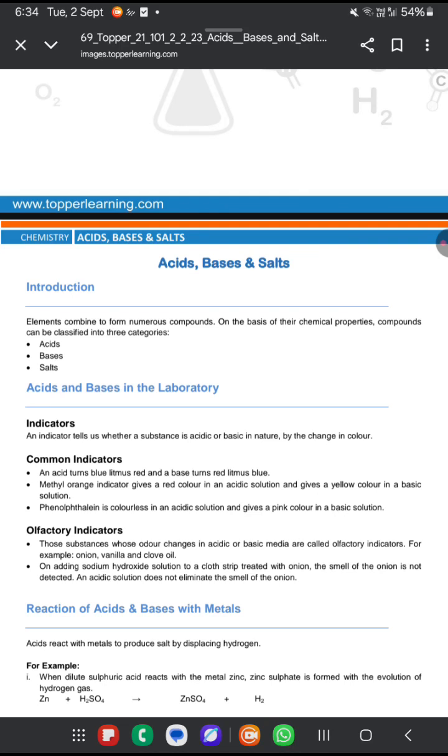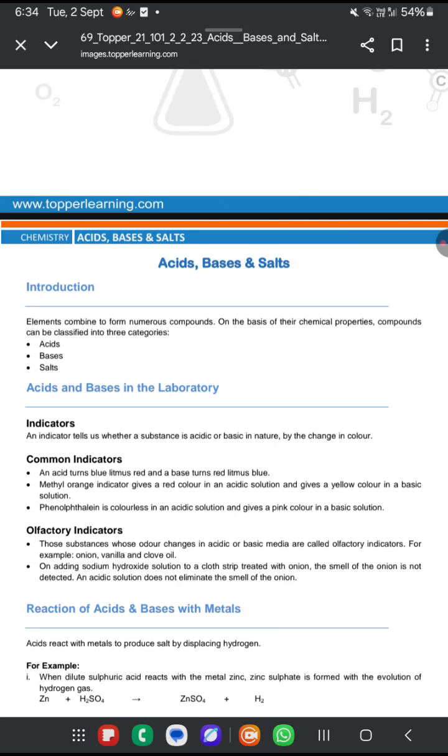It tells about the nature of the compound, whether it is acidic or basic. Common indicators: an acid turns blue litmus red, and a base turns red litmus blue.